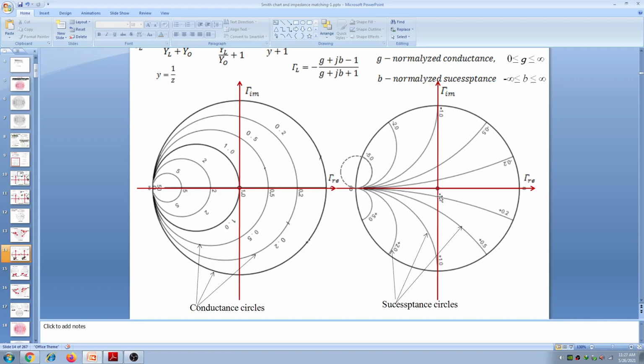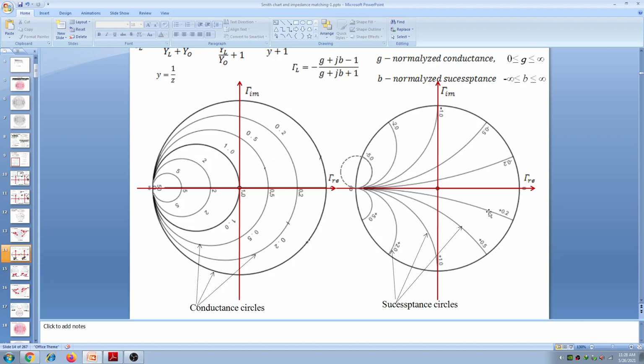If you go below this horizontal line, there are positive susceptance values, because B can take values from minus infinity to 0 to infinity. So positive values of susceptance form circles like this: plus 5, plus 2, plus 1, plus 0.5 susceptance circles.